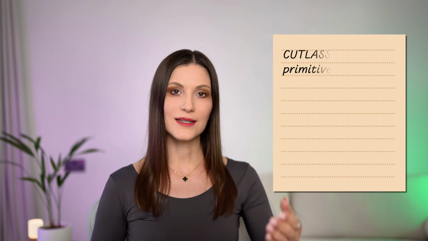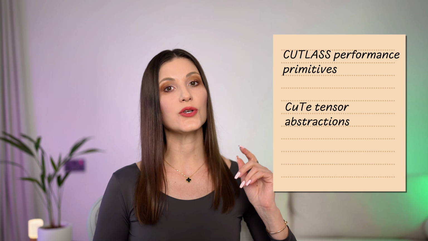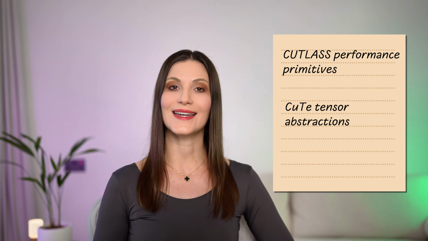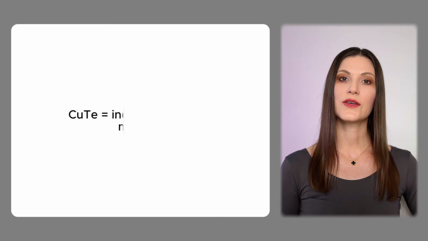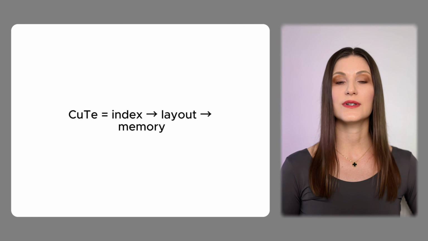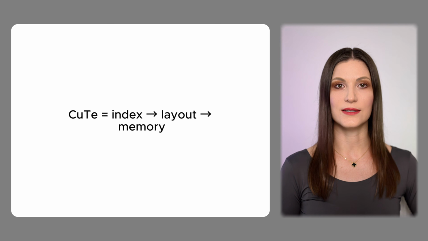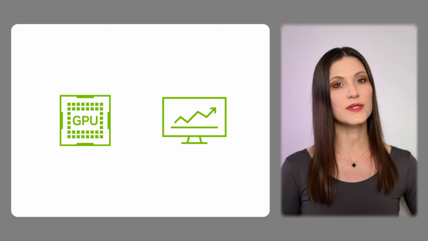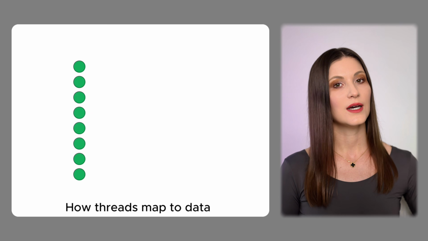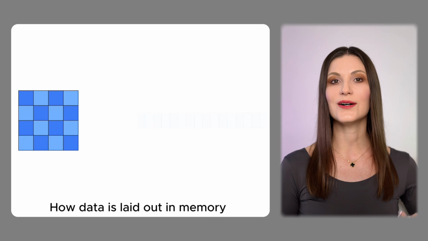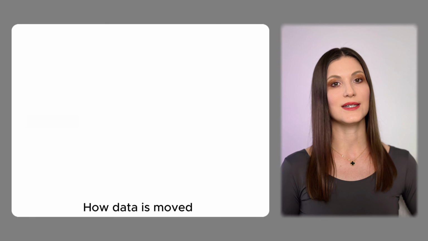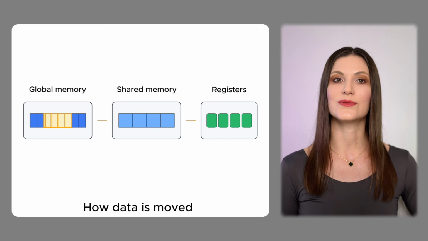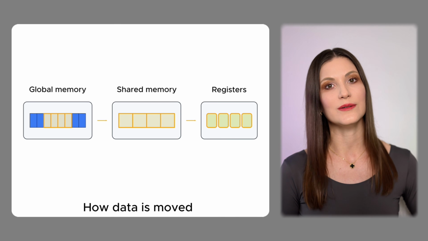So in this video, we are combining CUTLASS performance primitives, CuTe tensor abstractions, and JAX composability. CuTe is best thought of as an index and layout DSL. On GPUs, performance often comes down to how threads map to data, how data is laid out in memory, and how you move data through registers and shared memory.